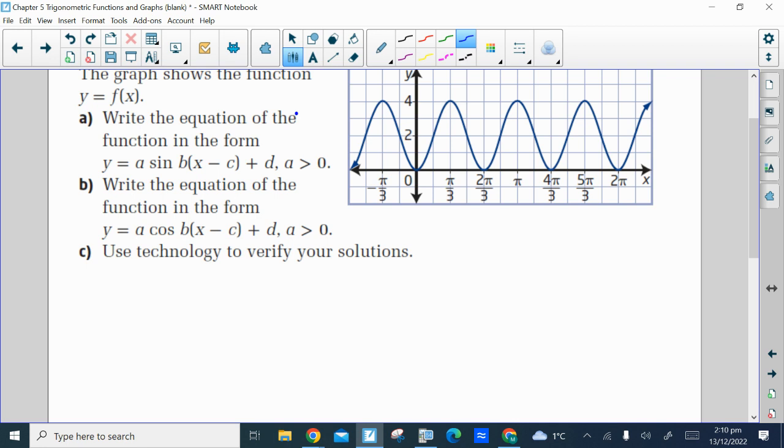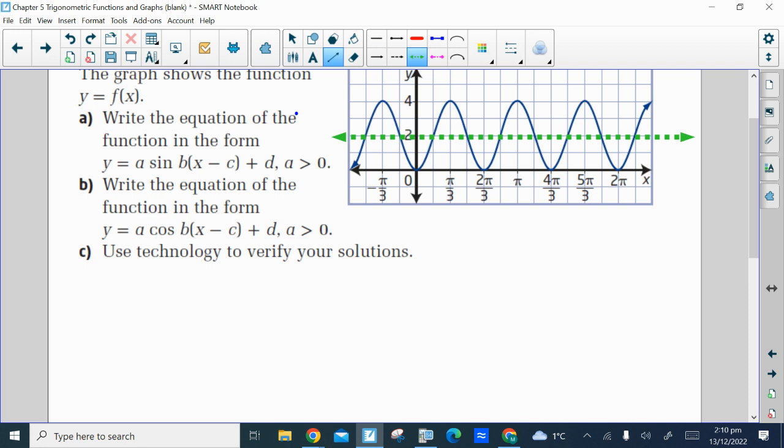Okay, so we need to find those 4 parameters, A, B, C, and D. And I think the easiest thing to do is to start with our D value, because D tells us where the horizontal midline is. The horizontal midline is halfway between the max and the min. This graph has a maximum of 4 and a minimum of 0. Halfway between that is 2.